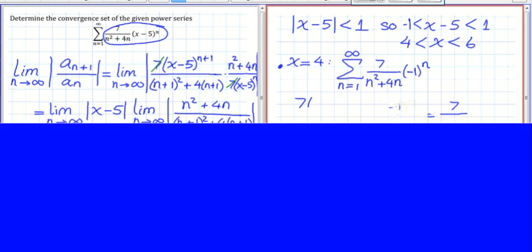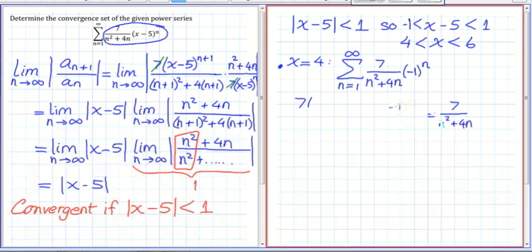And that one, we can use the limit comparison test with 7 over n squared. Or we can also use the direct comparison test. This one, of course, is less than or equal to 7 over n squared. 7 over n squared is a p-series with p equal to 2.